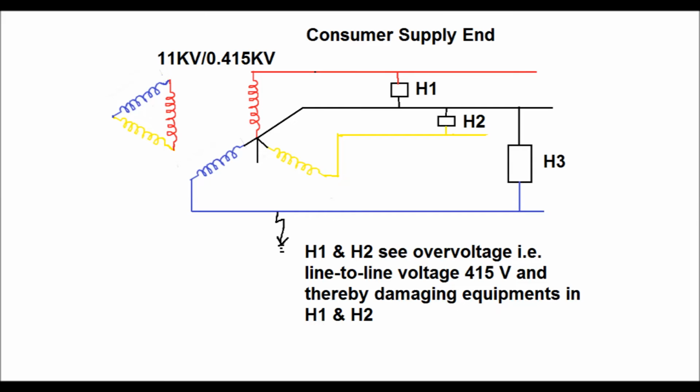So there will be a chance of equipment damage in H1 and H2. So again, for this distribution transformer, in the star winding, the neutral must be connected to earth for a safe value of supply at the consumer end.